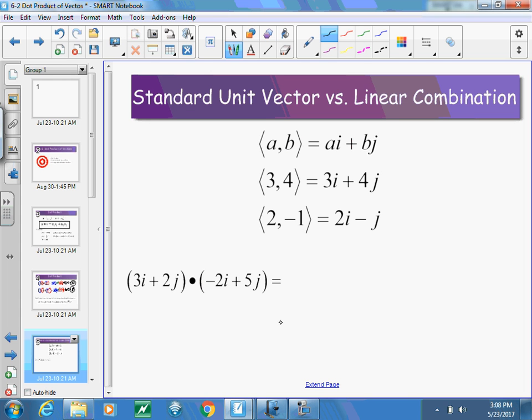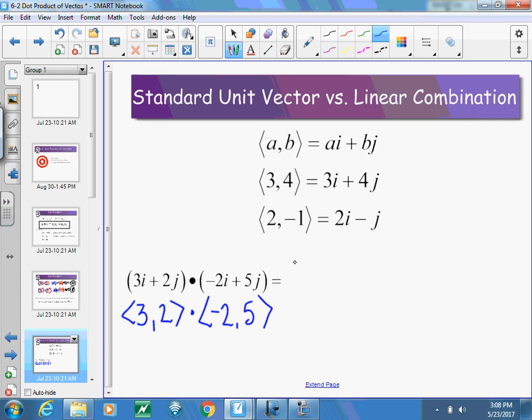When you're working with these vectors, you're going to treat them just like any other vector. So with 3i plus 2j, we're not going to multiply i times i and get i squared or anything here. We're just going to think of this as vector 3, 2 dot vector negative 2, 5.